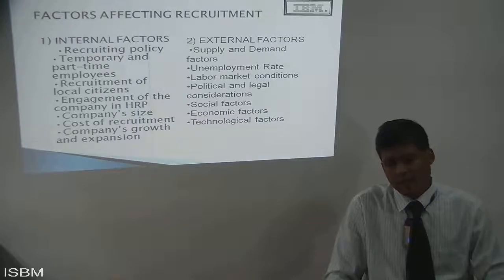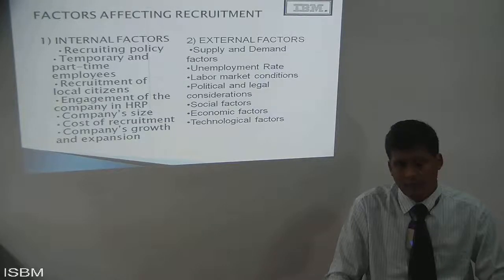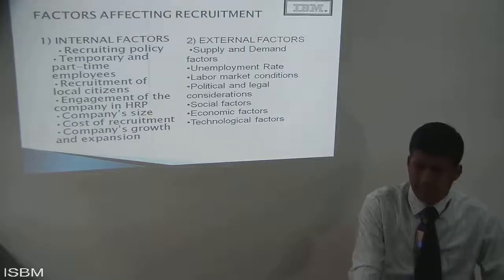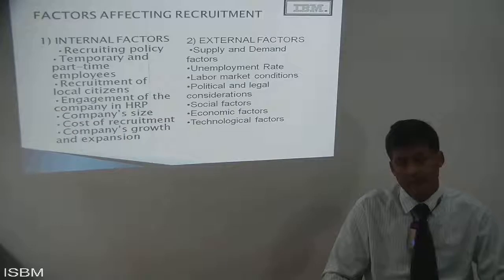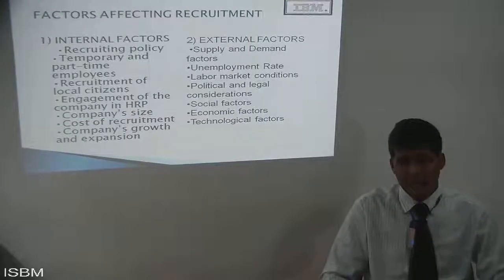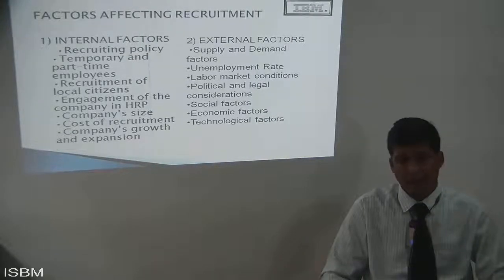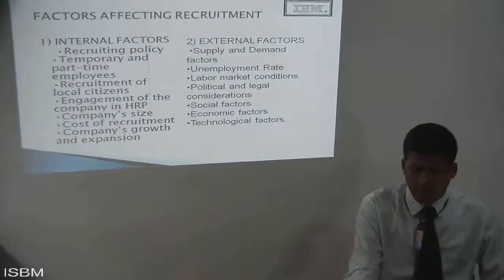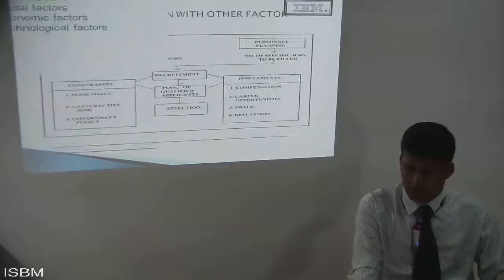The external factors or variables are the supply and demand factors, unemployment rate, labor market conditions, political and legal considerations where the company is working as far as territory specifications are concerned, social factors, economic factors and technological factors as well.